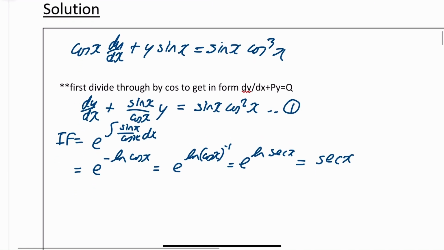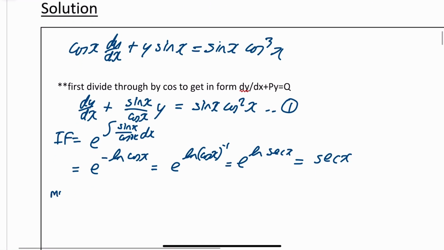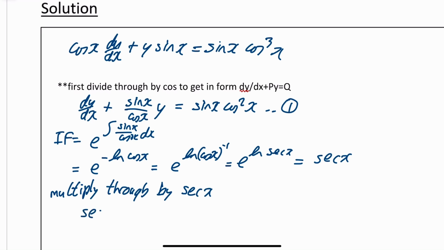Okay, so what we have now got to do is multiply through by the sec x. So your equation 1 up top there gets multiplied through by sec x. So it becomes sec x dy by dx.